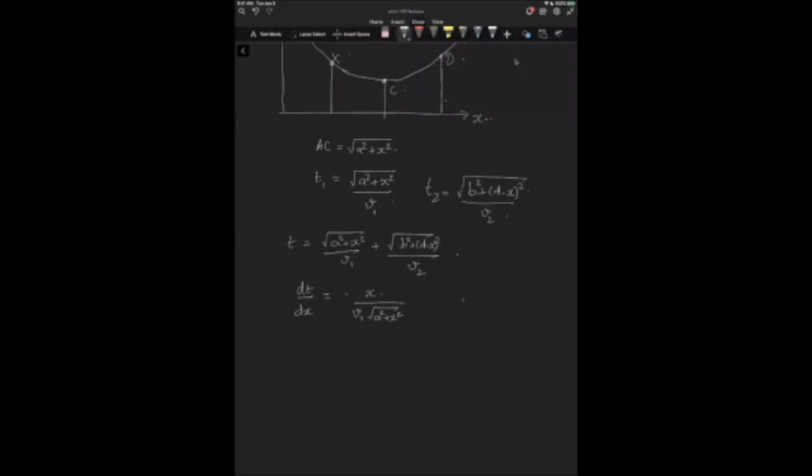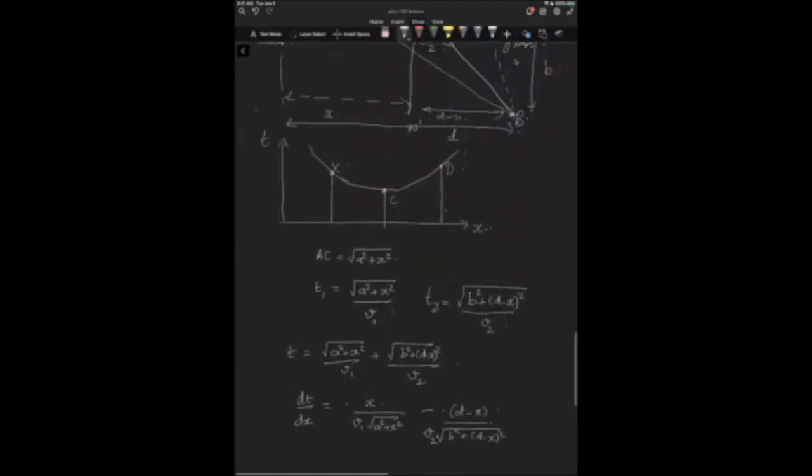So that half and the 2x will cancel. And then similarly here, you're going to get minus (d minus x), the minus sign coming from the d minus x inside, over v2 times the square root of b squared plus (d minus x) the whole squared.